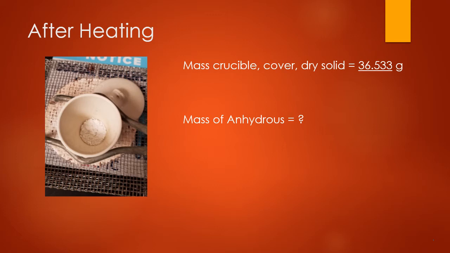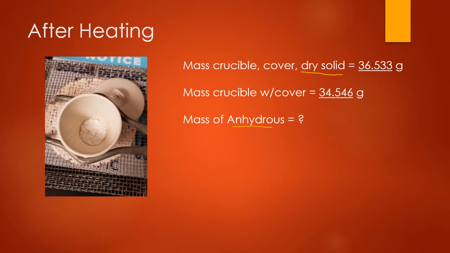You'll notice next you need to calculate the mass of the anhydrous compound. So remember, anhydrous just means without water, dry. So in order to do that, you need the mass of the crucible with the cover. Because remember, what we do with the words, we're doing with the numbers. So what do I mean by that? In order to calculate the mass of the anhydrous, you need the dry solid by itself, because dry solid and anhydrous is the same thing.